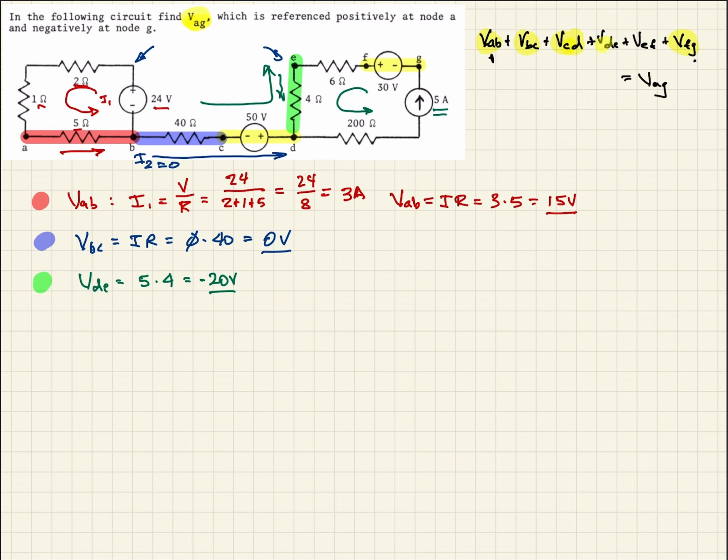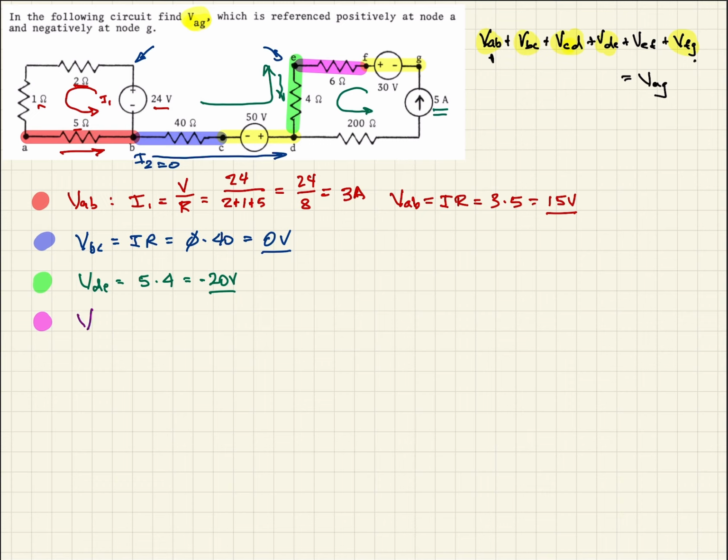So now we know VDE, and the final leg that we need is this one here. Again, we already know the current and we know the resistance.